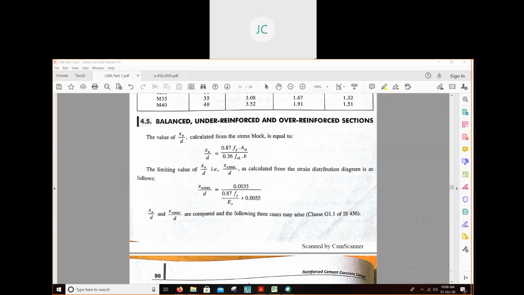So next our aim is to find out, similar to the working stress method, here also in every problem, before finding out moment of resistance, first we have to determine what is the type of section, whether it is balance section or over reinforced section or under reinforced section. First we have to determine that, and then only you can find out moment of resistance.